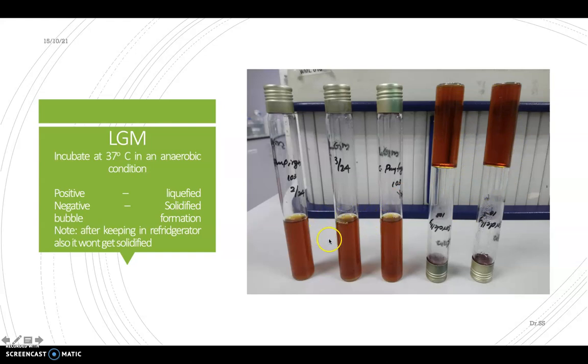Bubble formation and yellow color formation also denote carbohydrate fermentation. After that we also keep this refrigerated, and if it still does not solidify, then it is confirmed as a positive Clostridium perfringens organism.